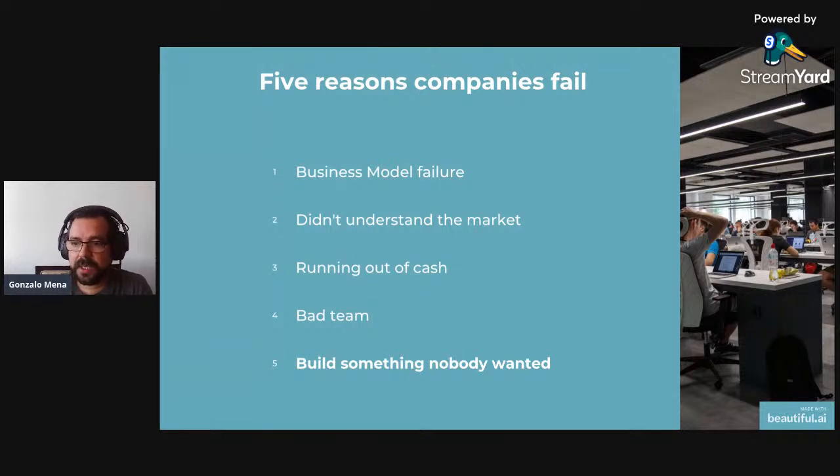So this design thinking process is to help you find real problems in real people and actually build things that people not only want but need. Okay?